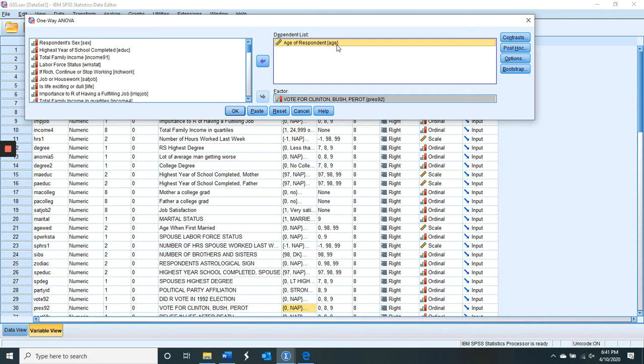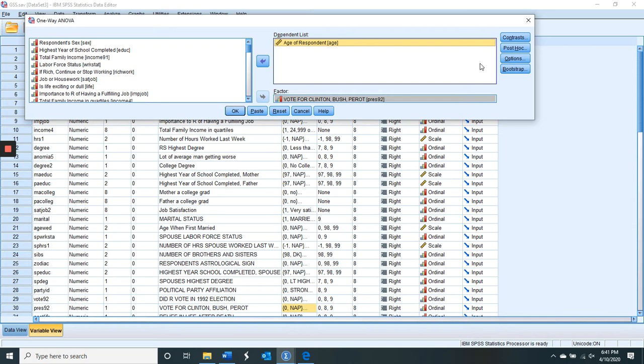In this case, we have a ratio level of measurement, which is age. So we put the dependent variable in the dependent list, and we put the groups in factor. Unlike the t-test, we don't have to define the groups. The computer already knows that there are multiple groups.